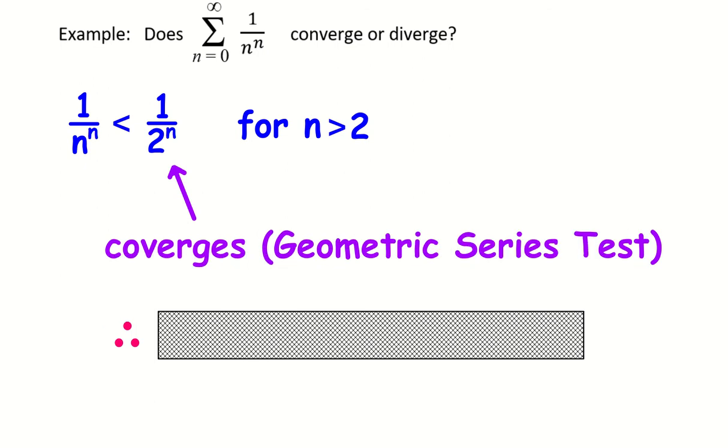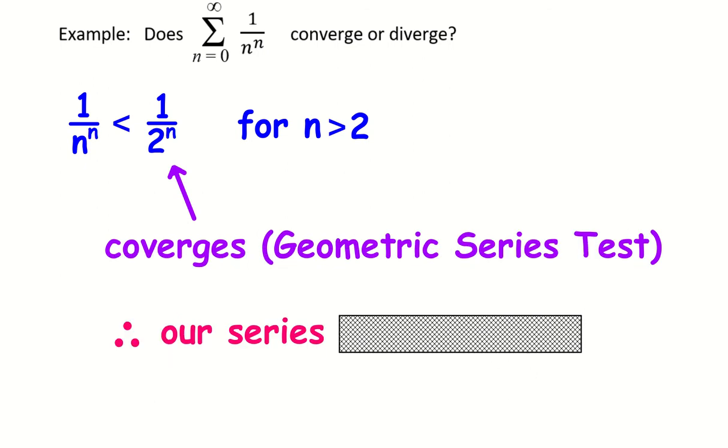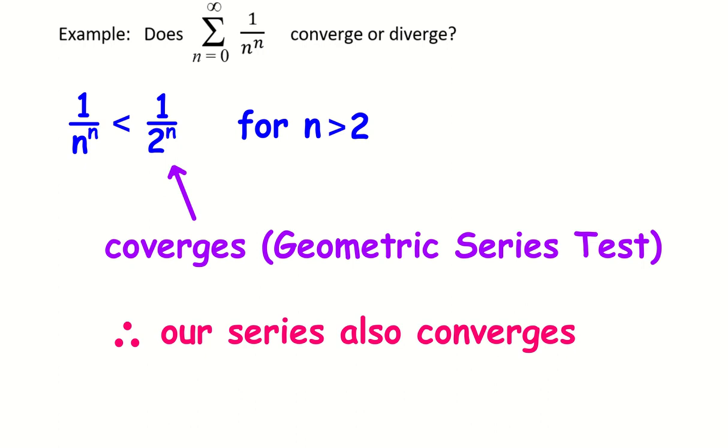Because it's geometric. All right. So therefore our series also converges if it's smaller than that, as long as, because this denominator would be so much bigger, you know what I mean, if n was 3 or 5 or something. So yeah.